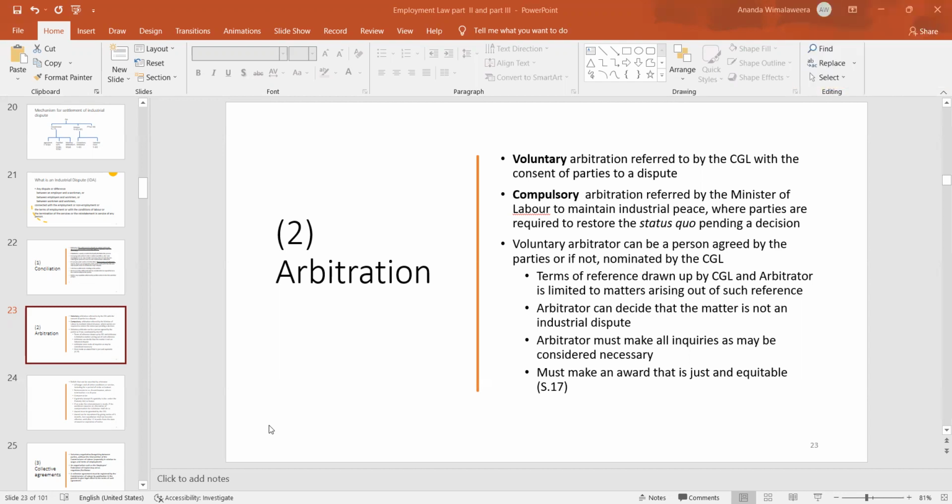That is based on just an equitable principle, just an equity.